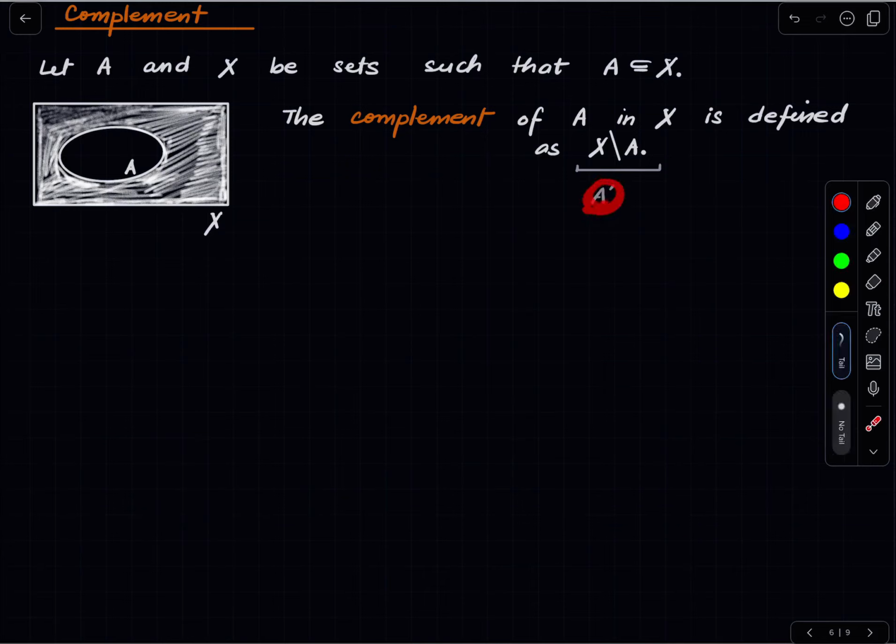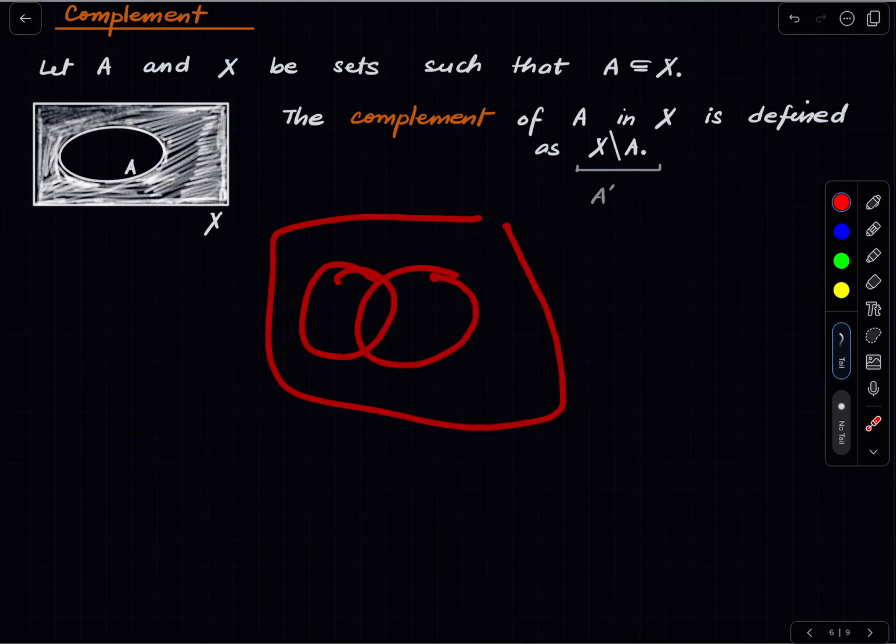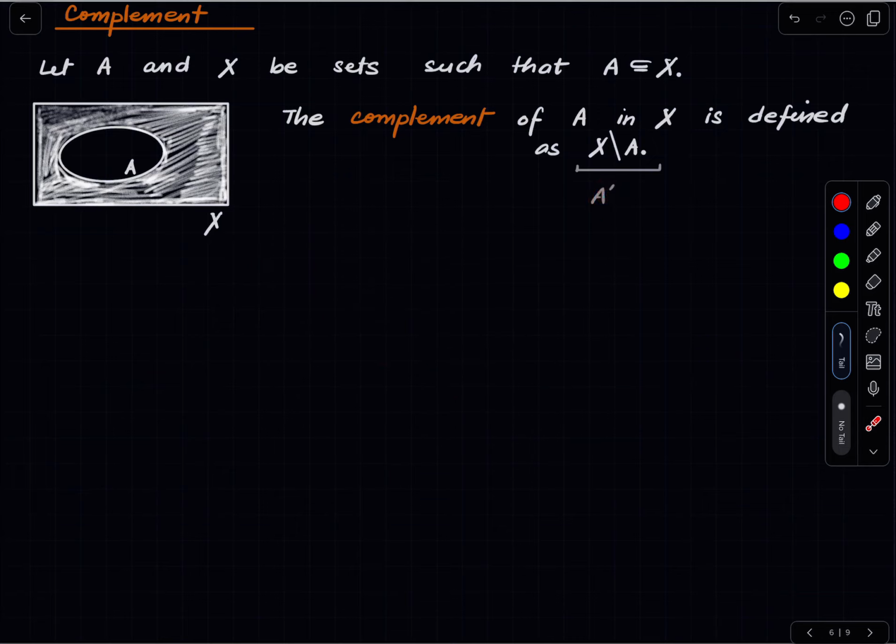It forgets all about X, but in context we know what we are talking about. So if X is a big master set containing all the other sets, then you write A prime, and A is, let's say, something here, then A prime is denoting the complement of A in X. So in context this is not confusing, but this is the more precise notation.